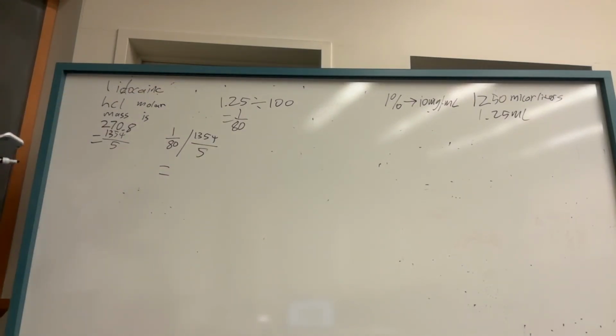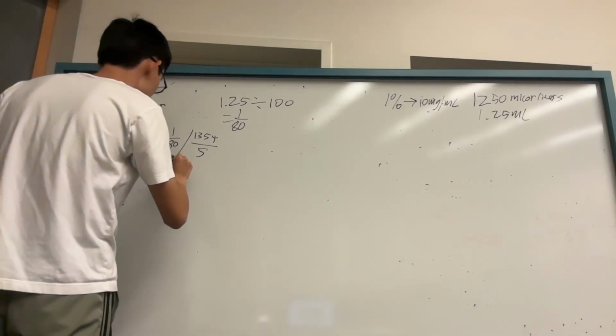Anyone should be able to know how to do this. This is actually very easy, because dividing by a number is the same as multiplying by its reciprocal. You heard that dividing by a number is the same as multiplying by its reciprocal.